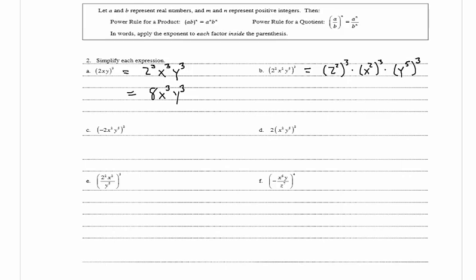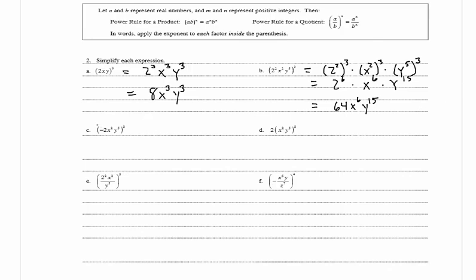And now we can use the power rule, and we could say that 2 squared raised to the third power is the same as 2 to the sixth, because 2 times 3 is 6, times we have x squared raised to the third power, and we could say that this is x to the sixth, times y, and we have y to the fifth raised to the third, and 5 times 3 is 15, and 2 to the sixth is equal to 64, so we have 64 x to the sixth y to the 15th.